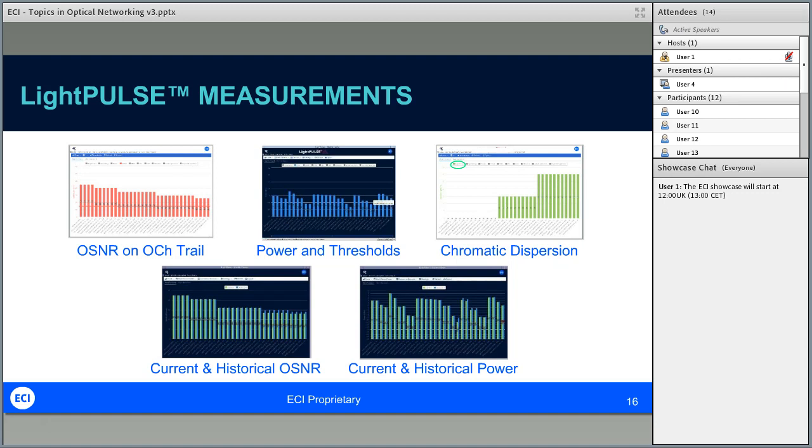Then you could start to take more specific proactive steps rather than a blanket approach towards fixing those particular problems. So we're providing you a very, very powerful tool for monitoring the health of your network and pinpointing where the problems are, so that you can take steps to fix things as quickly as possible.